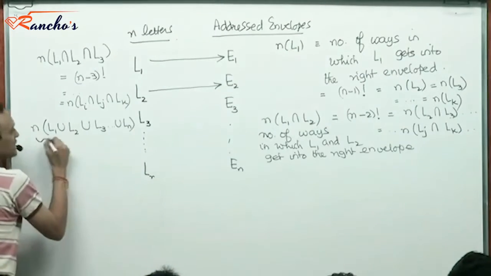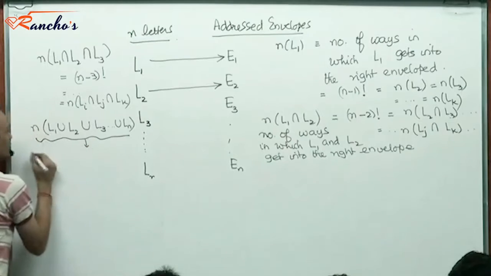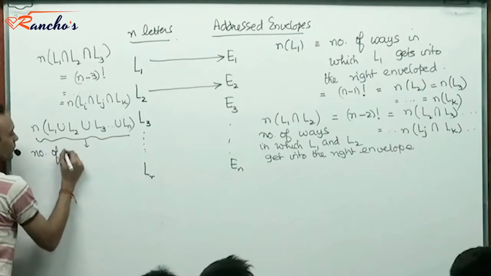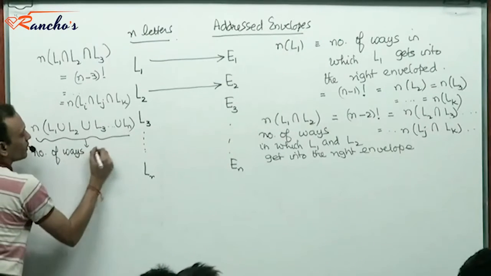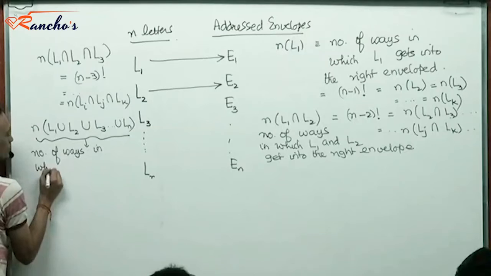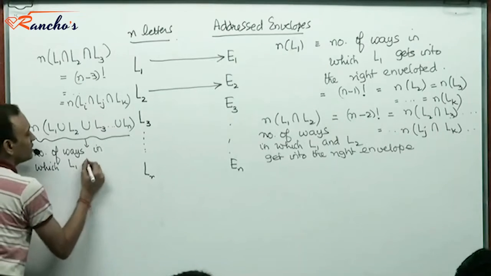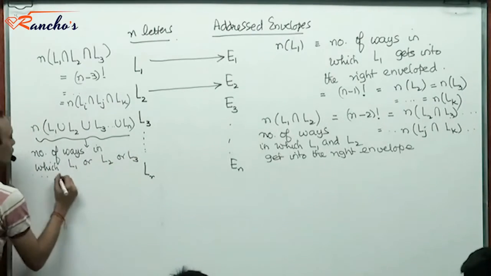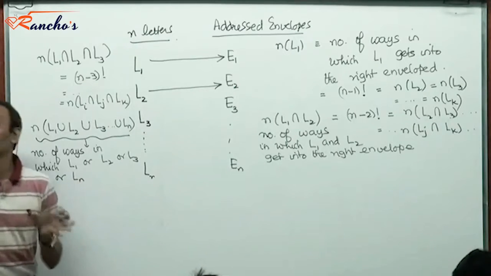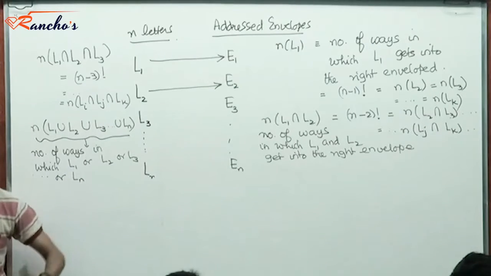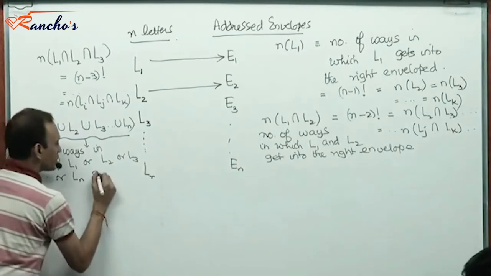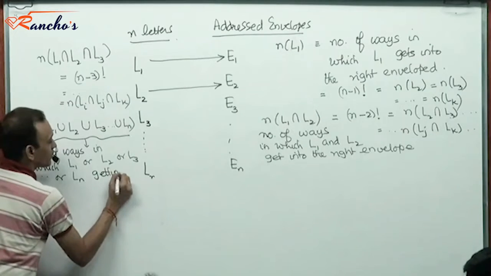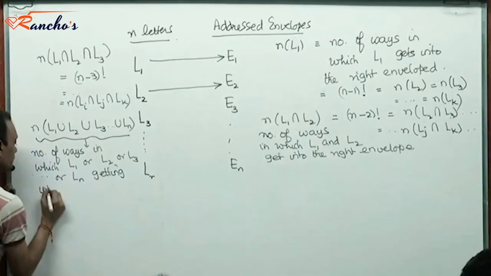This symbolism stands for the number of ways in which L1 or L2 or L3 or Ln, that means at least one of them, it could be more also, getting into the right envelope.